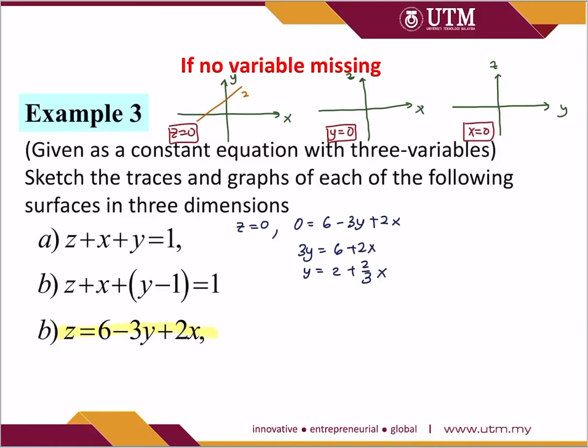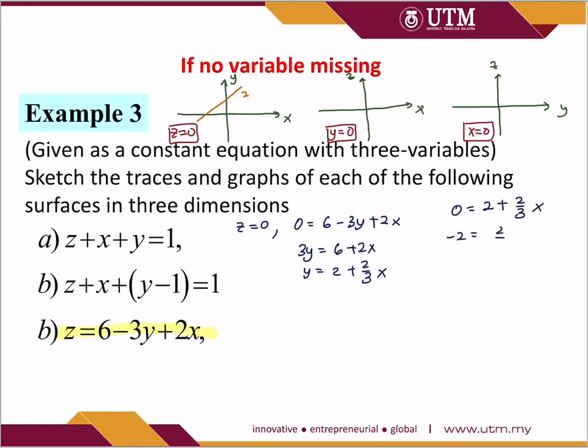So we need to find the value when y equal to 0, because we want to see the intersection at the x-axis. Therefore we just substitute y equal to 0 into 2 plus 2 over 3x to get the value of x.